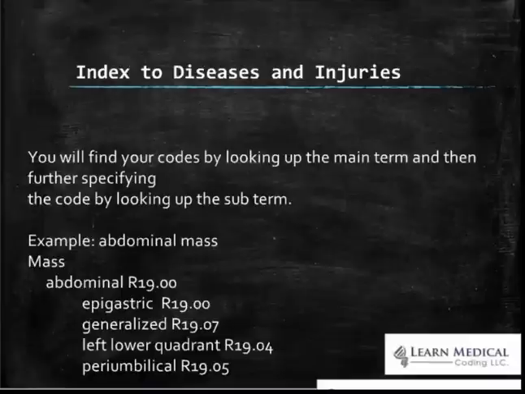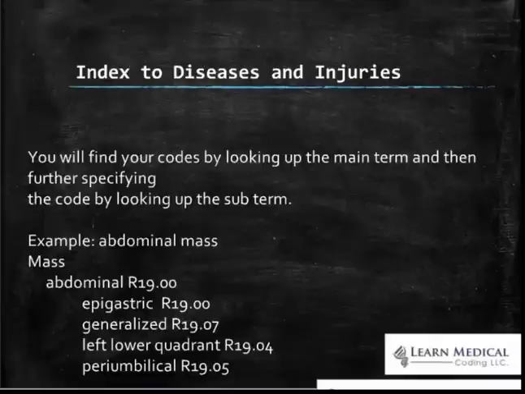So you will look up mass, abdominal, and then if you have more specific information, you would code it to whether it's diagnosed as being located in the upper gastric area, whether it's generalized, whether it's in the left lower quadrant, or if it's in the periumbilical area. Of course, that will be based upon the documentation.